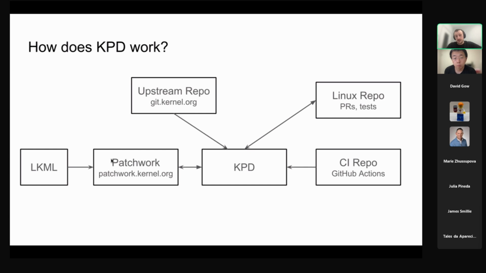But it also updates checks, I believe they're called status checks, on Patchwork, depending on the results of testing on GitHub Actions. So on the one side is Patchwork, on the other side is GitHub, and it uses the GitHub Python client to talk to GitHub.